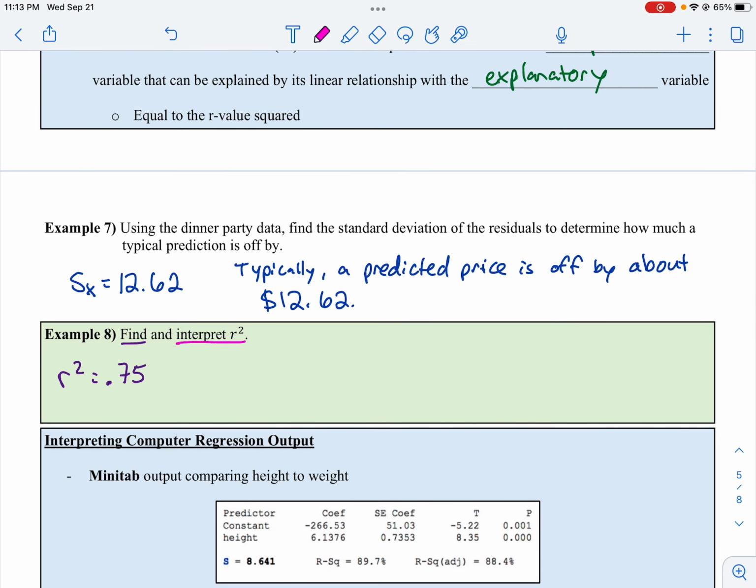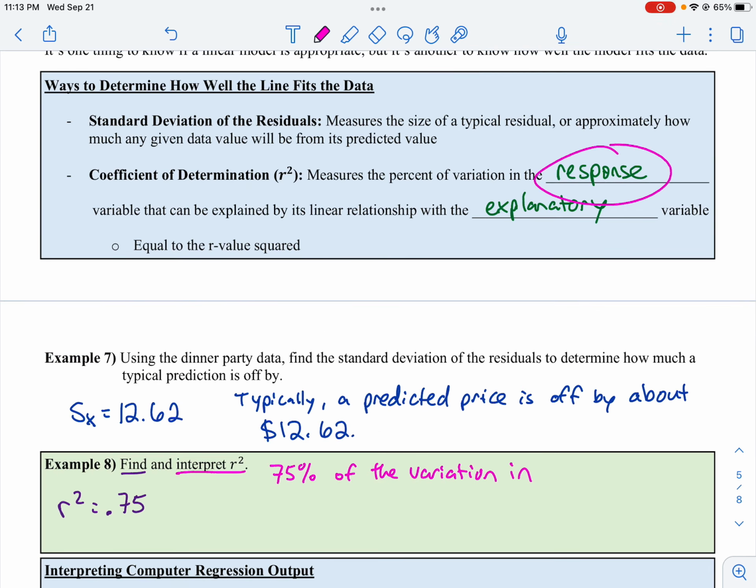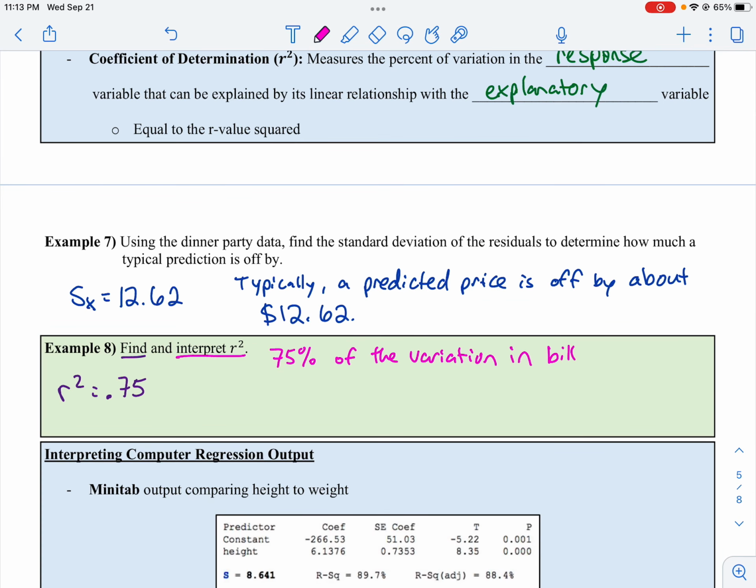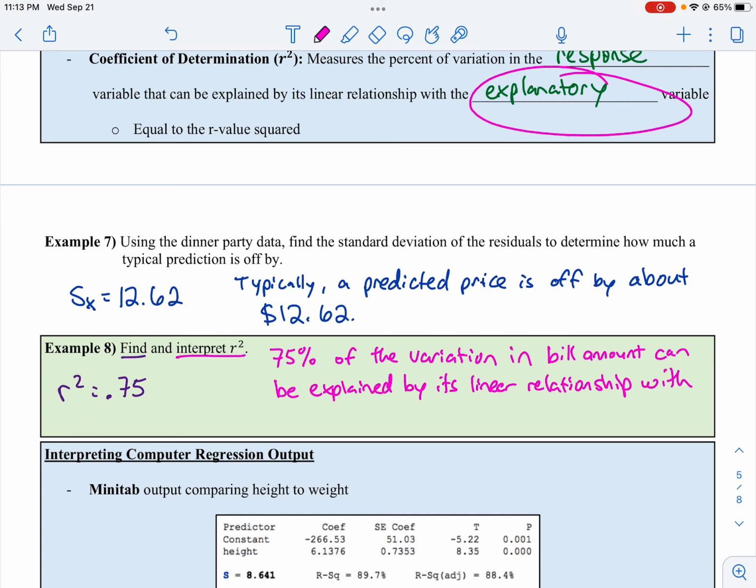So 0.75 is 75%. 75% of the variation in my response variable, bill amount, can be explained by its linear relationship with the explanatory variable.